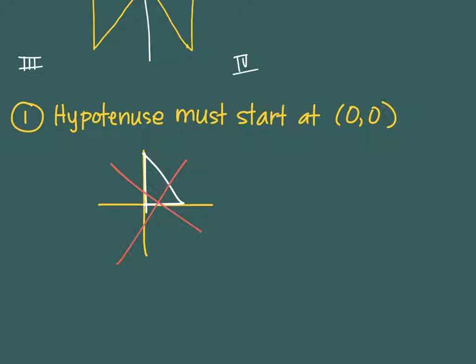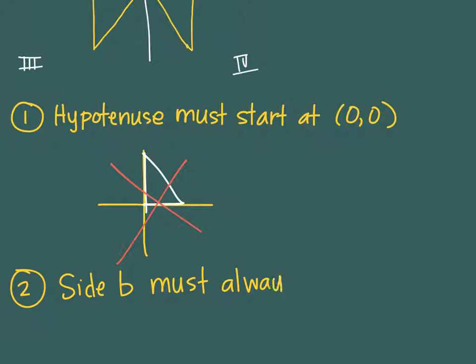Okay, number 2. Side B must always be on the x-axis. So again, I can tell if I'm looking at a triangle and I don't see side B on the x-axis, then I know that you've got it rotated the wrong way, and all your answers are going to be backwards.